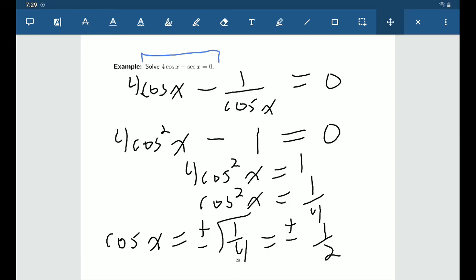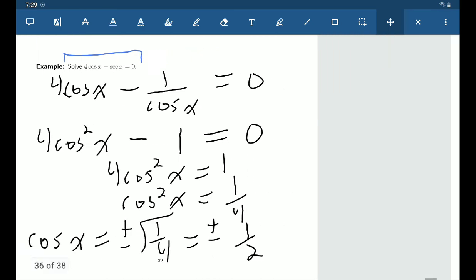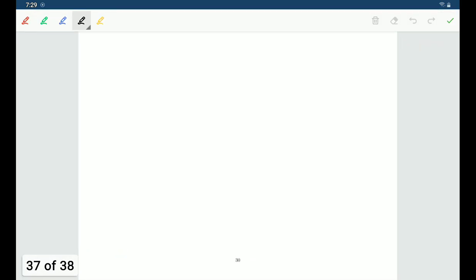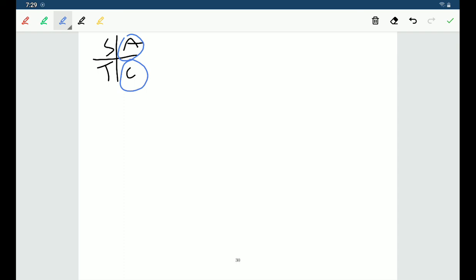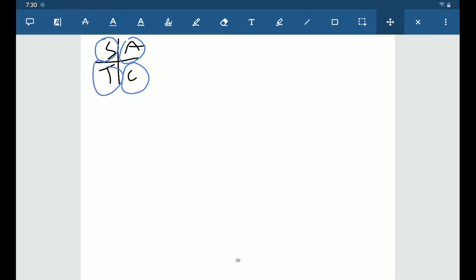So let's first find our solutions from 0 to 2 pi. And for that, just a little quick sketch for ourselves. We know that if we're looking for solutions from 0 to 2 pi, cosine would be equal to positive a half in quadrants 1 and 4, and equal to negative a half in quadrants 2 and 3.